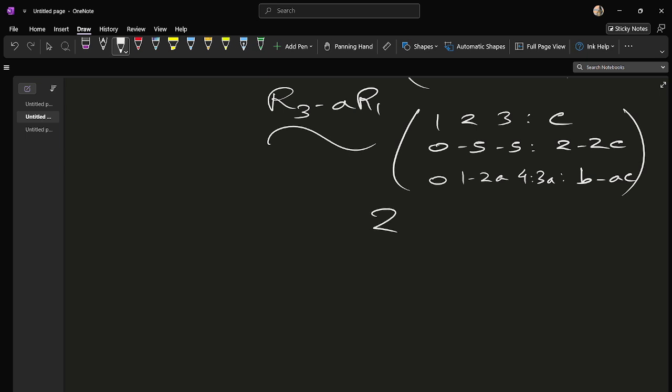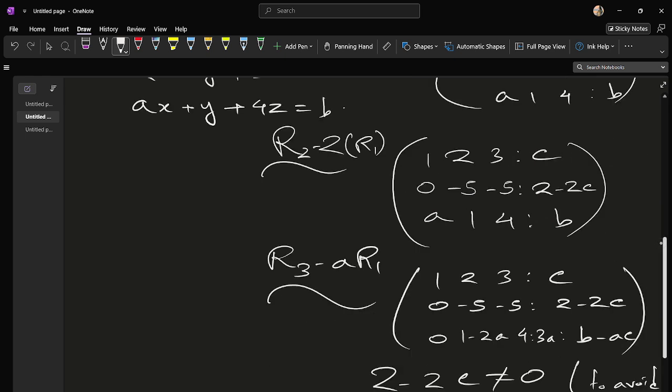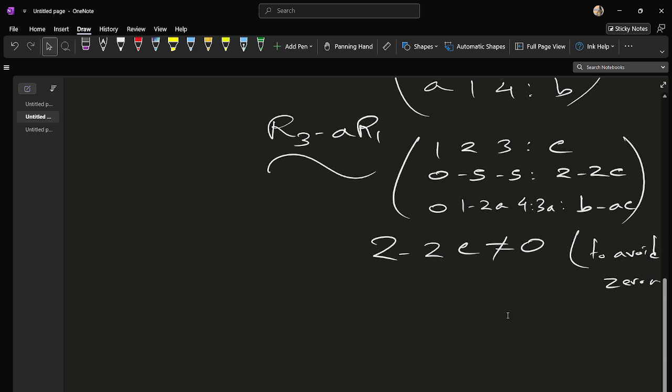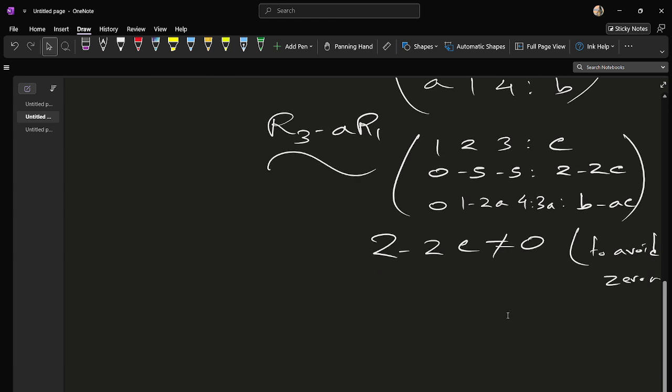First, 2 minus 2c must not be 0, to avoid a zero row. Then the 1 minus 2a entry must vanish to avoid contradiction.